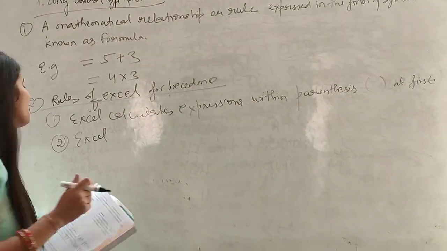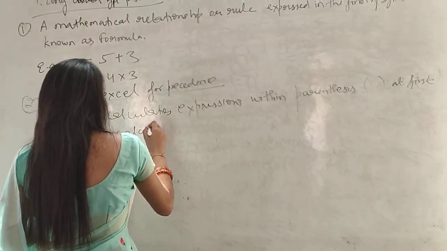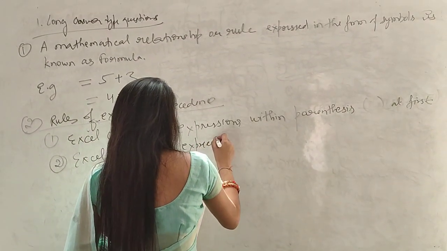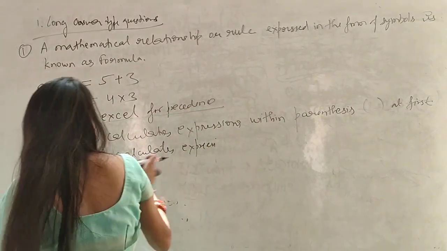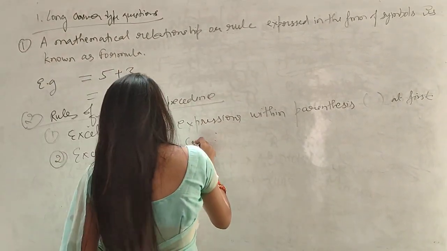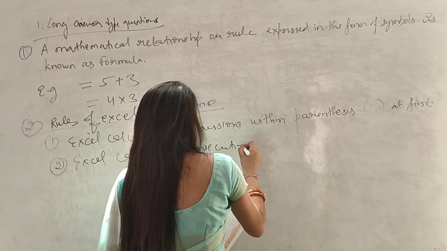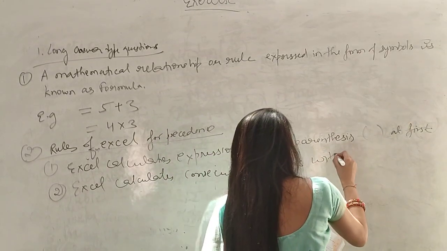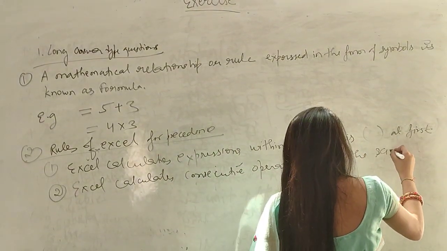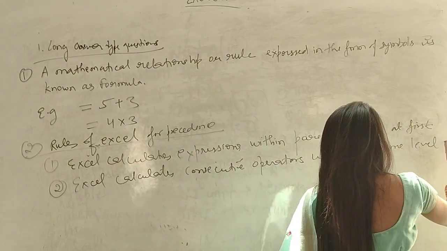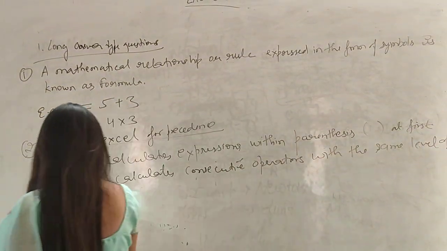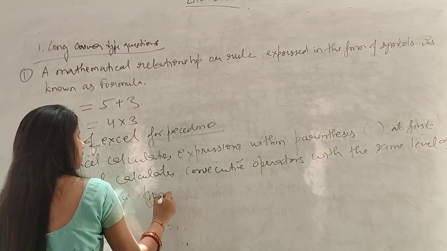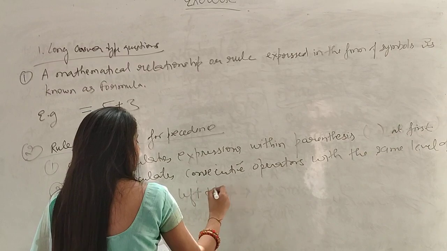So in this, Excel calculates expression consecutive operators with the same level of precedence from left to right.